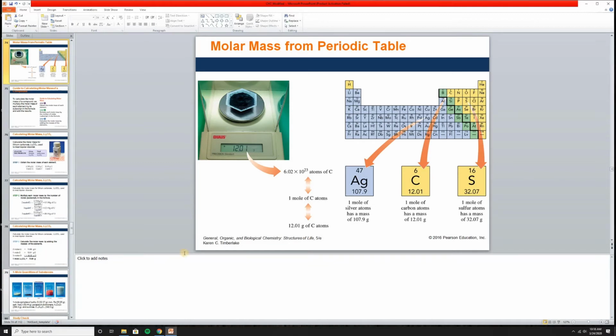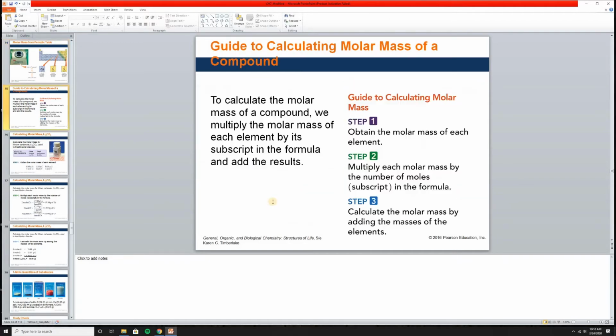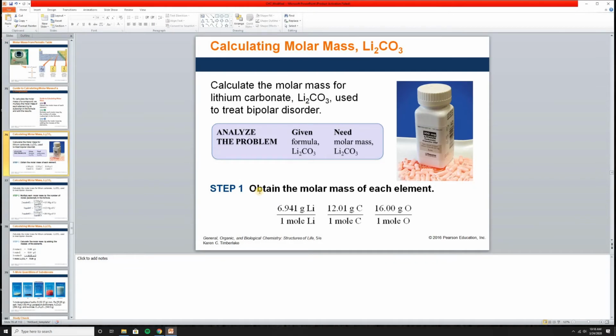So here are our molar masses. For example, silver is 107.9, carbon is 12.01, sulfur is 32.07. Let's try to figure out the molar mass of Li2CO3, otherwise known as lithium carbonate. We know that the molar mass of lithium is 6.941 grams per mole, carbon is 12.01 grams per mole, and oxygen is 16.